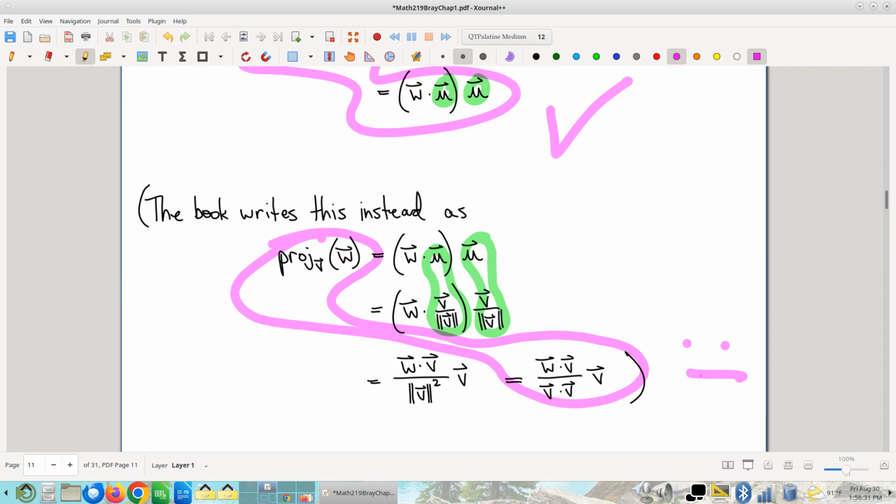And possibly as soon as a month from now, you're going to be trying to remember, wait a minute, it's a dot product divided by a dot, which do I dot with what, and which one's on top and which one's on the bottom, right? This is a formula of details that you can't rederive easily.